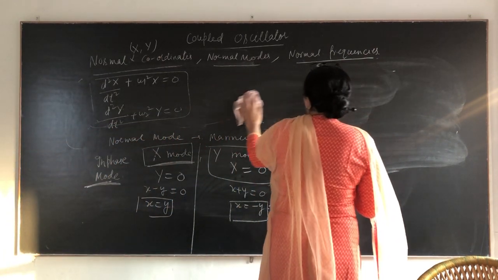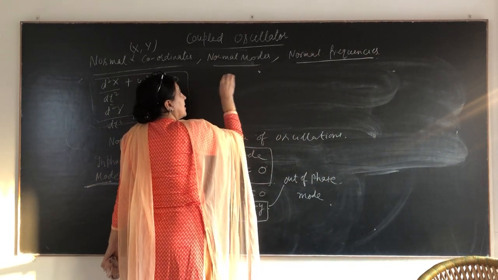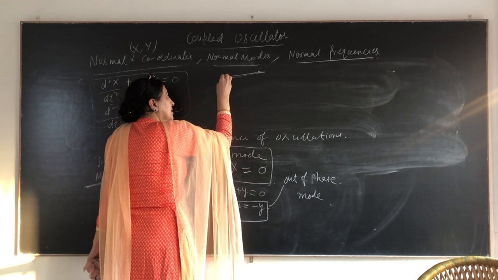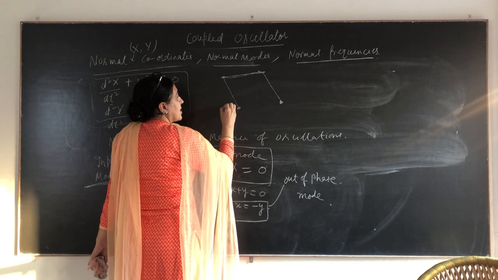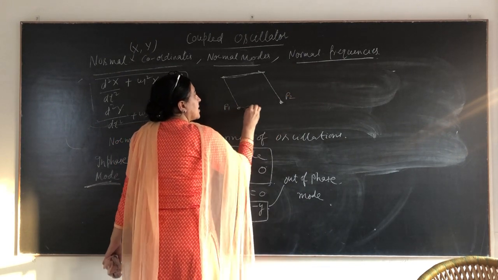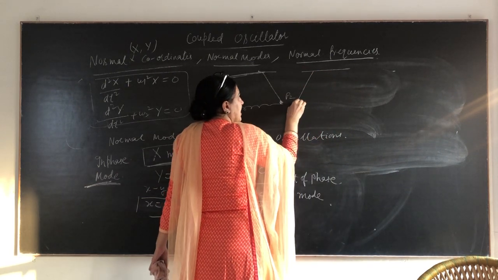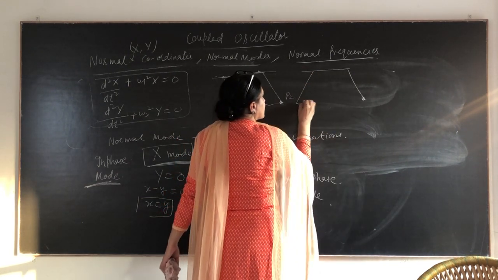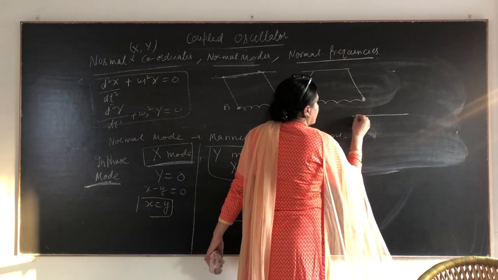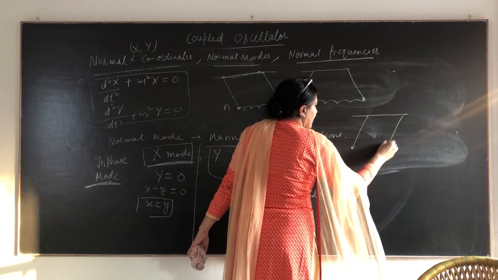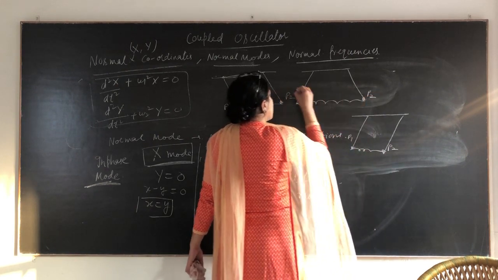This is the rigid support and the pendulums P1 and P2. One option is both towards the right. Second, one is on this side and the other on that side. Third, both may be on the left side.